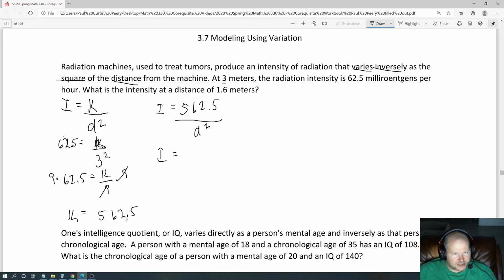Now they ask, what's the intensity when the distance is instead 1.6 meters? So now we square the 1.6.